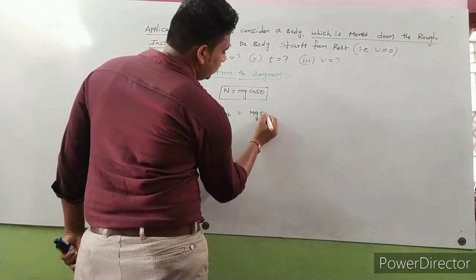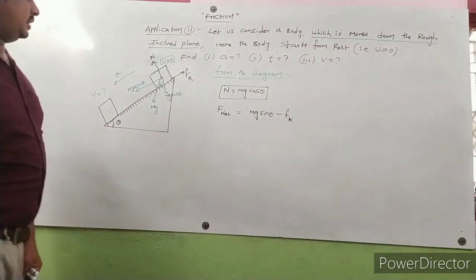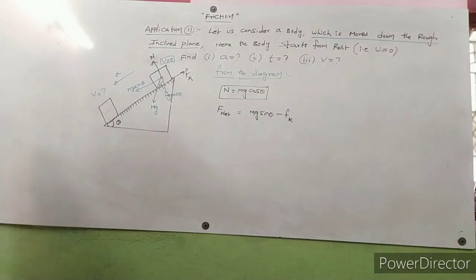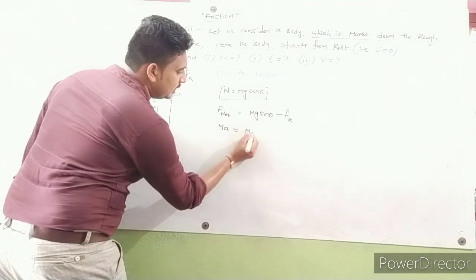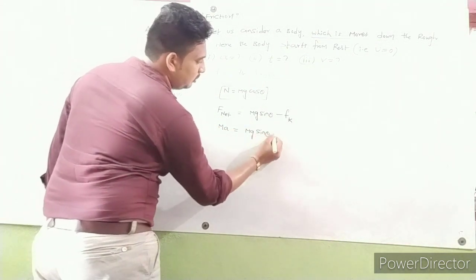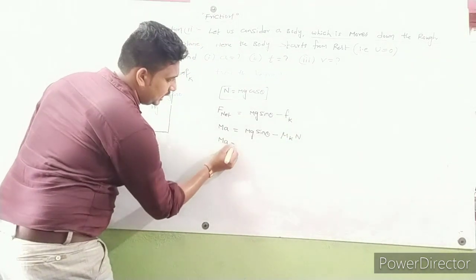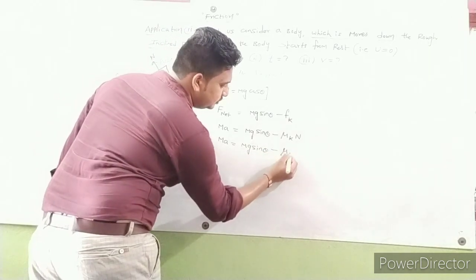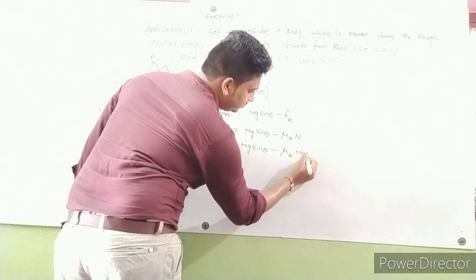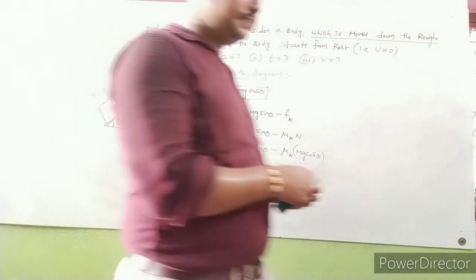F net is equal to mg sin theta minus fk. So m into a is equal to mg sin theta minus mu k into N, and N means mg cos theta.